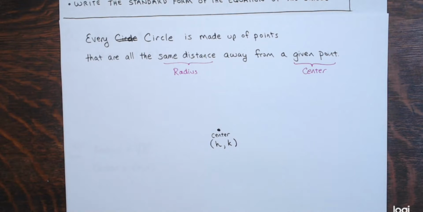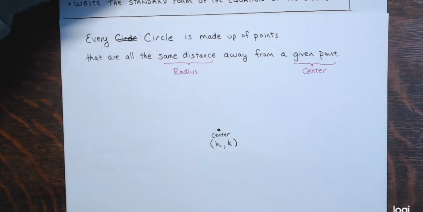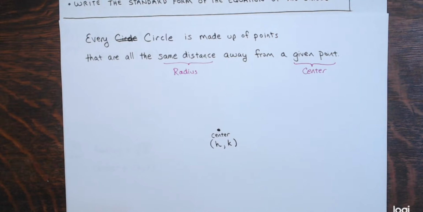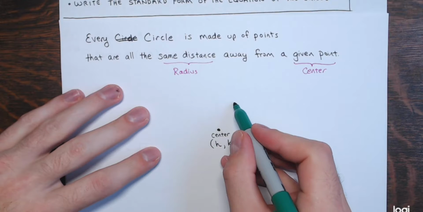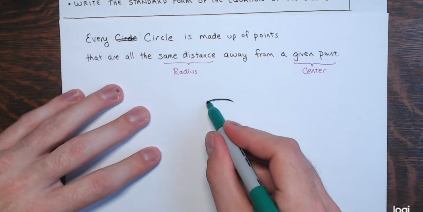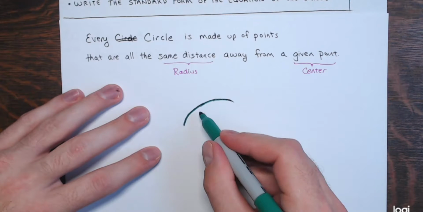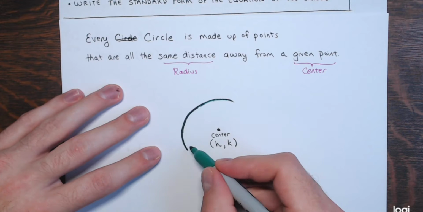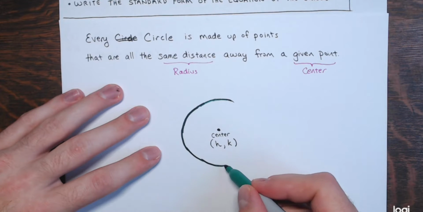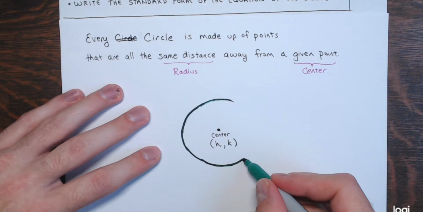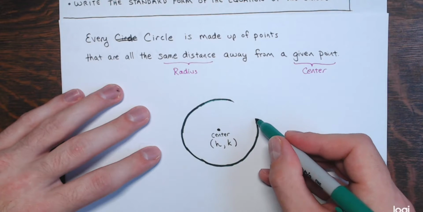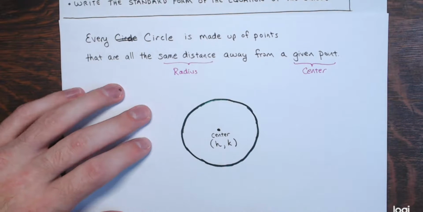Now let me actually draw a circle around this. Again, this isn't perfect. I'm just doing a little hand-drawn circle here. I don't have a compass on me. Just trying to eyeball a circle around this center. That's decent.